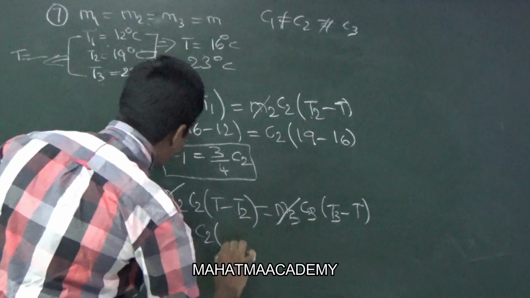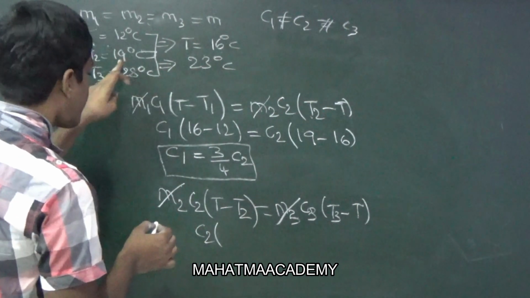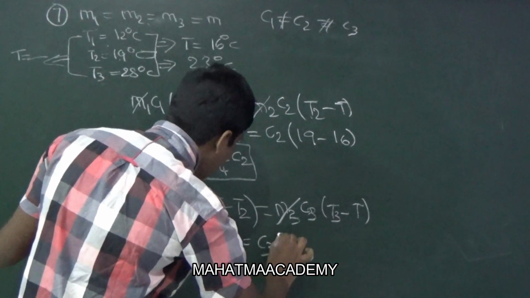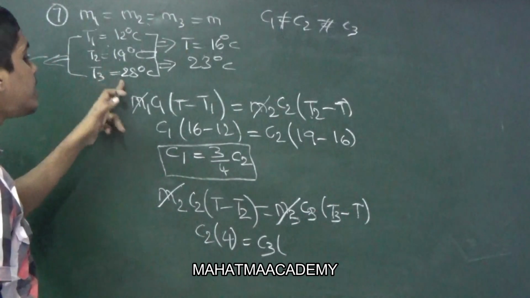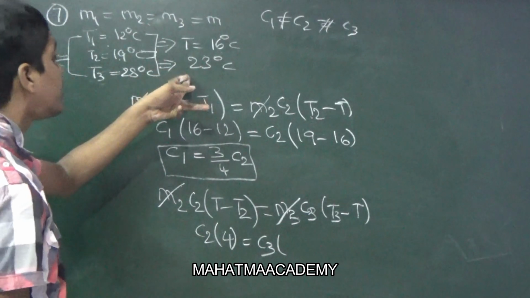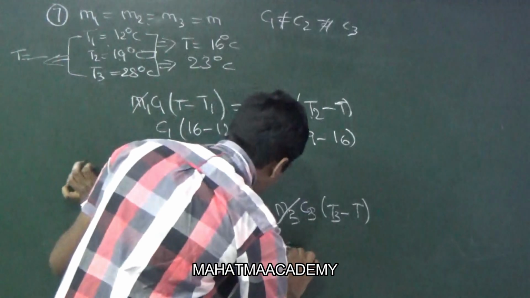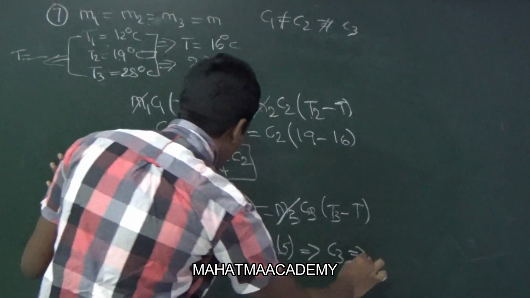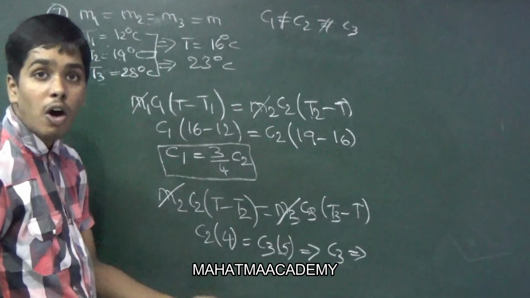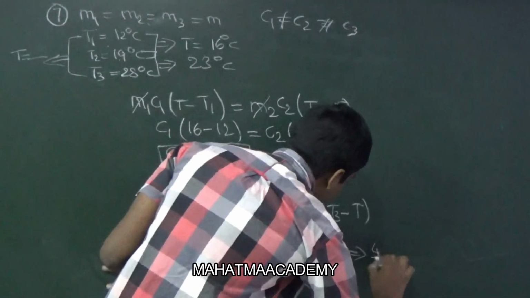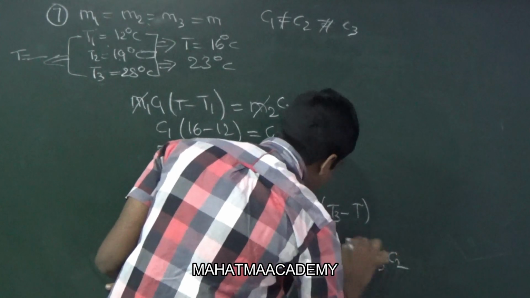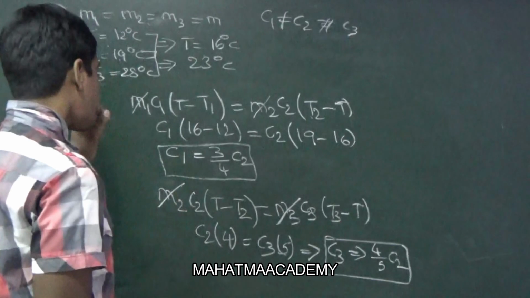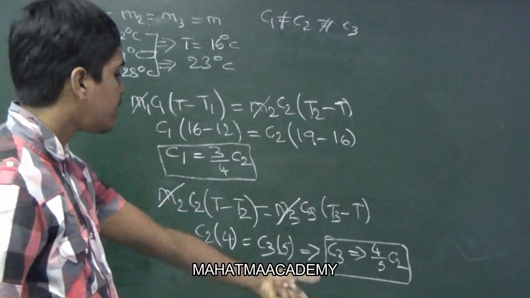C2 into (23 minus 19), it is 4, is equal to C3 into (28 minus 23), that is 5. From this, C3 is equal to 4 by 5 of C2. Now we got C1, C2 and C3.